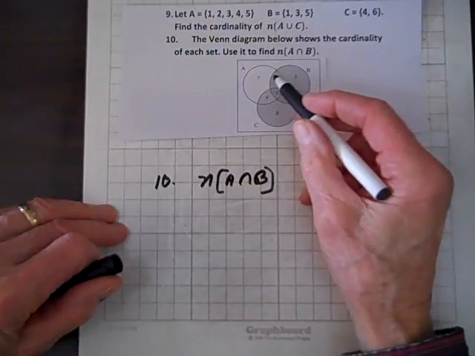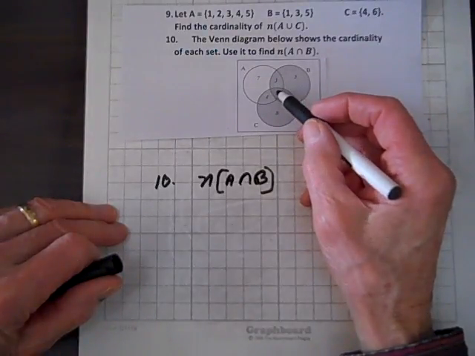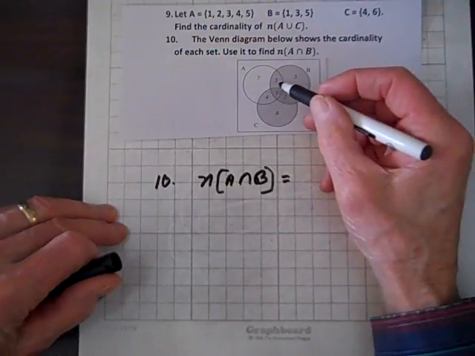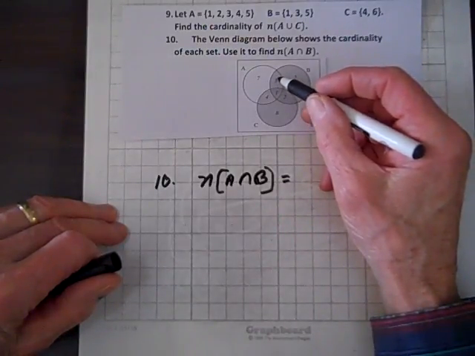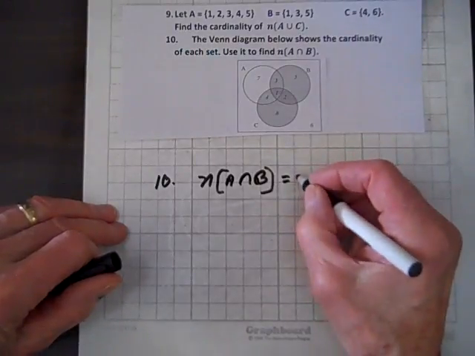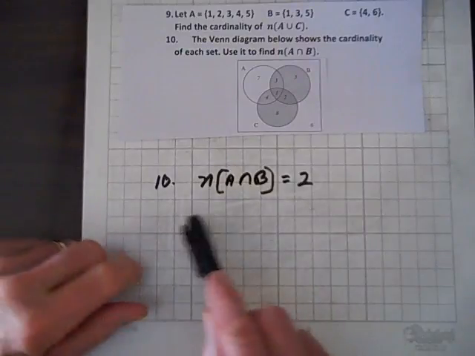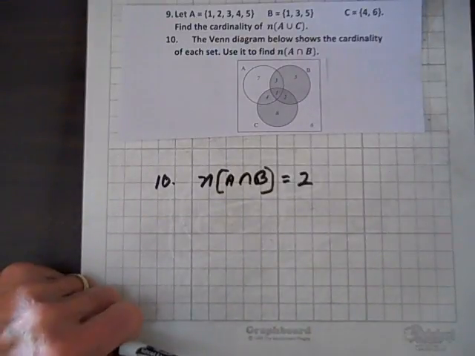So here's this region right here is A intersect B, and we only have 2 elements in that set, and they are 3 and 1, so there are only 2 elements in A intersect B, and that's the cardinality of A intersect B.